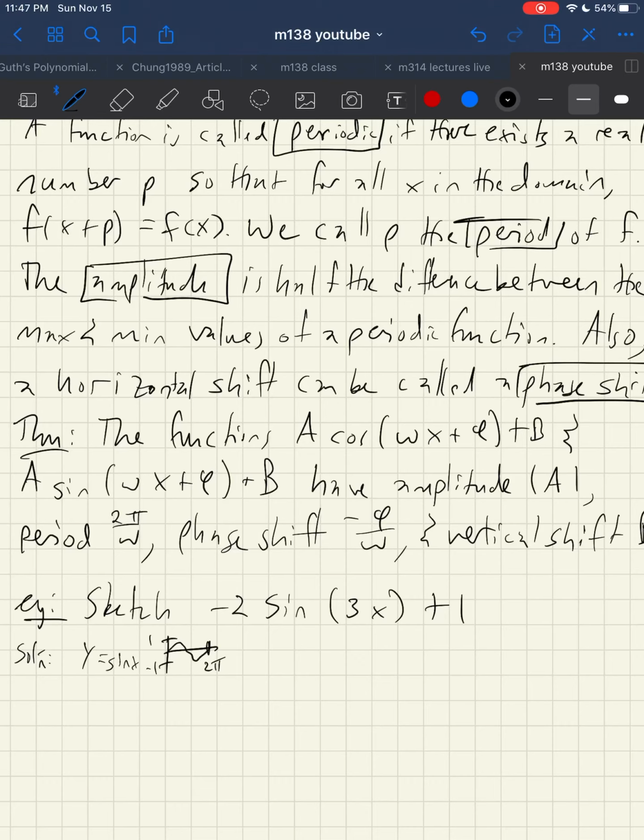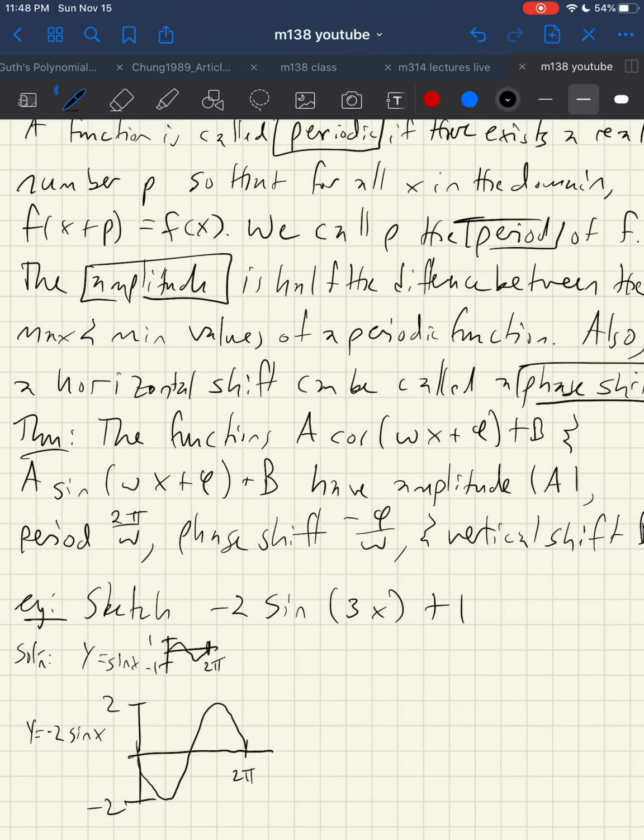Now let's sketch y equals -2 sine x. So it'll be similar, but now instead of going up, down, up, we're going between plus and minus 2, and we're going to go down, up, down, between 0 and 2 pi.